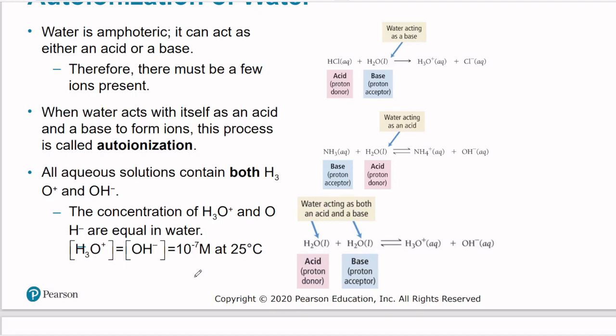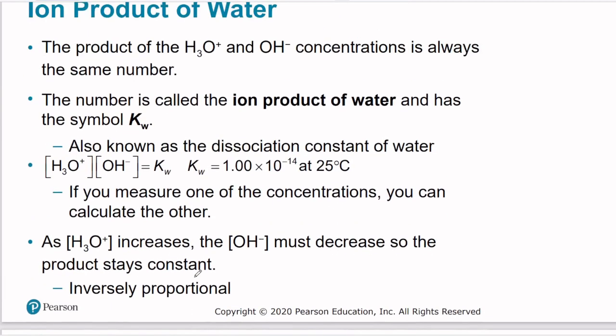1 times 10 to minus 7, meaning that the ion product of those two things, so the hydronium times the hydroxide ion concentration, is equal to a species called Kw, and Kw is 1 times 10 to minus 14. Okay, and so this Kw has to stay constant because that is the K for this auto ionization reaction.